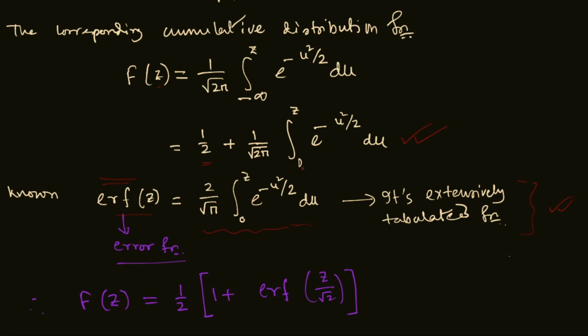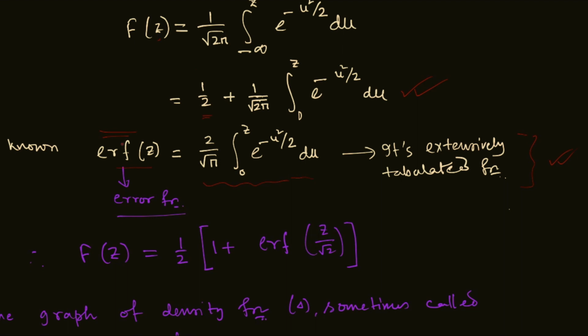In this age of computation, you can easily calculate this value in Python or any standard modern language by using algorithms. And F(z) can be written in terms of the error function as half times 1 plus erf(z by root 2).